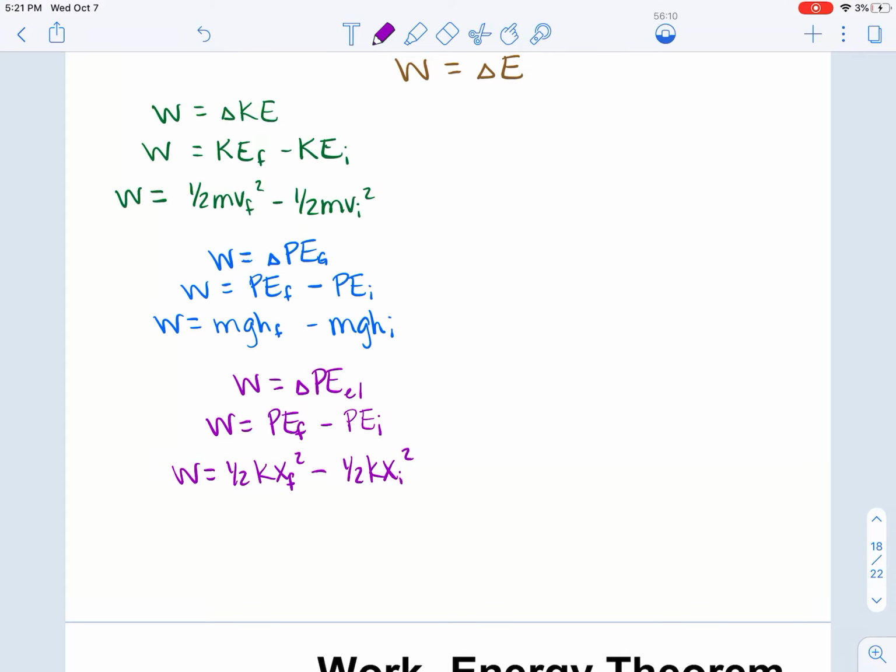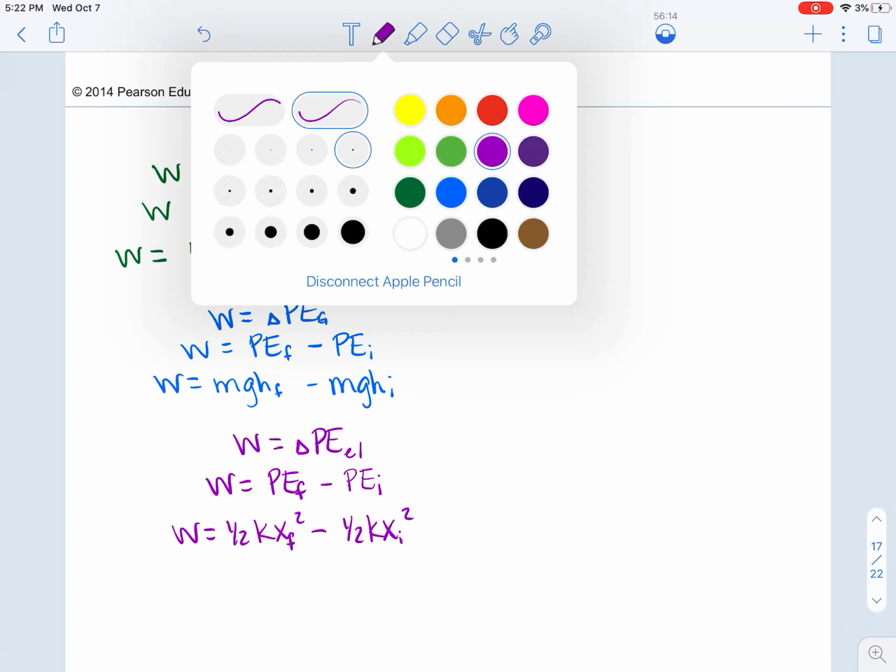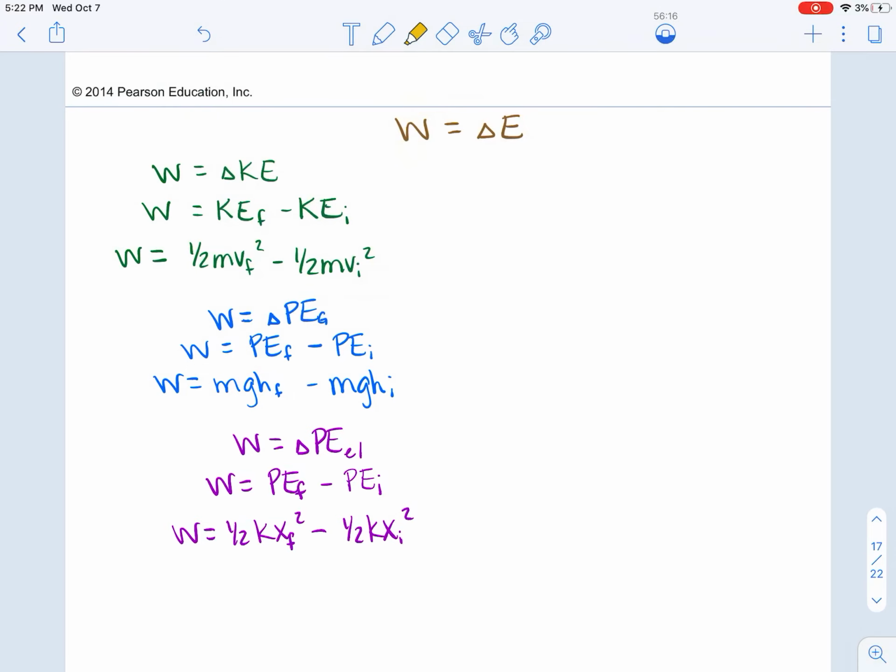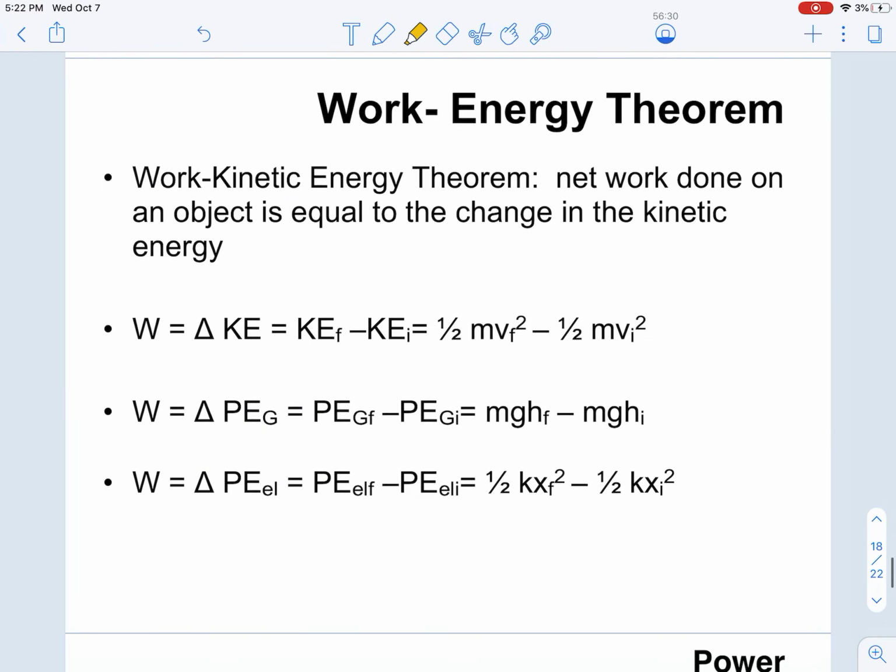And so these are the relationships that you are going to be responsible for creating. On the formula list, this is going to be the equation that you're going to receive, and it will be your job to take this and expand it into whichever of these relationships you're going to need to execute your math work, okay?